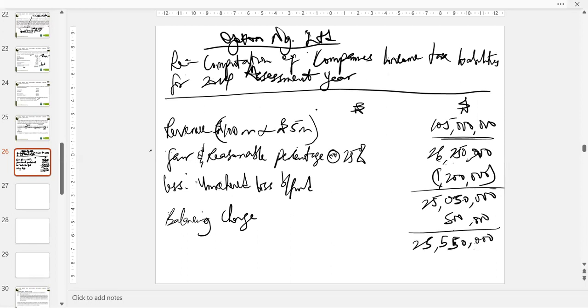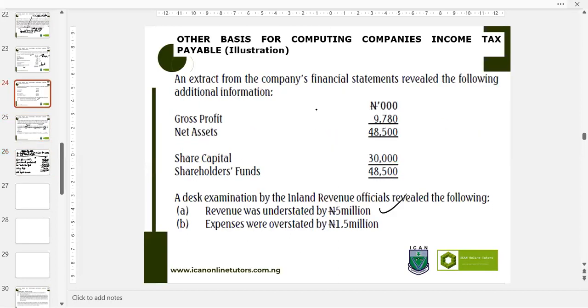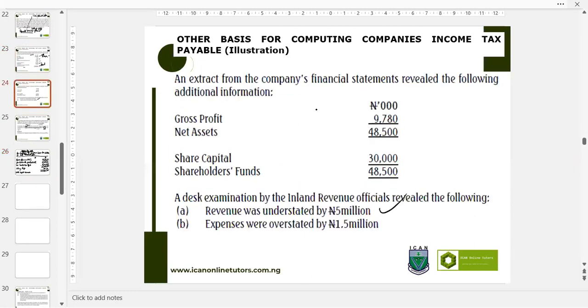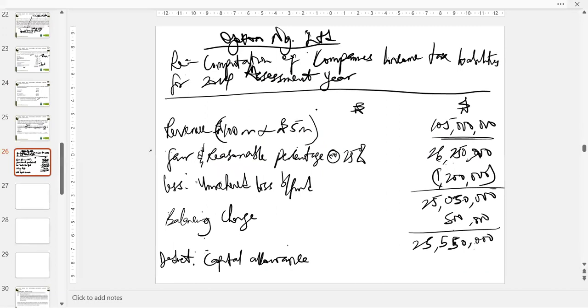Then you deduct capital allowance. How much is our capital allowance? Our capital allowance is 2.5 million. Deduct capital allowance, 2,500,000.